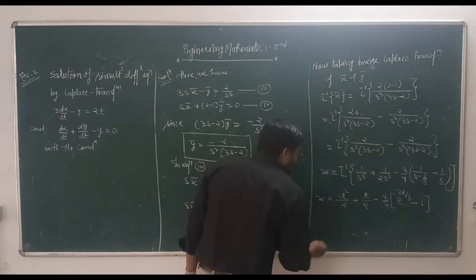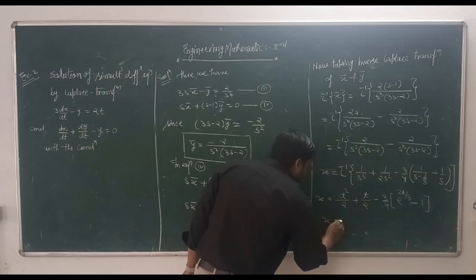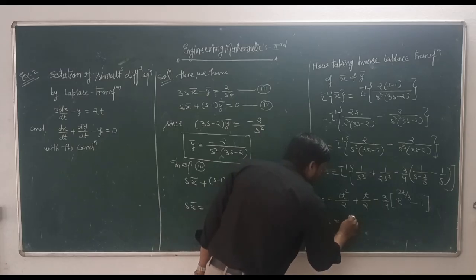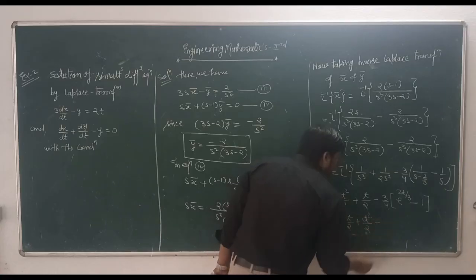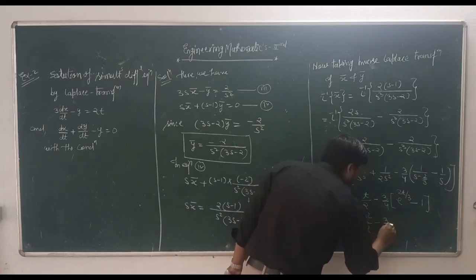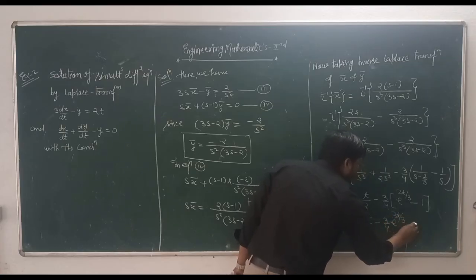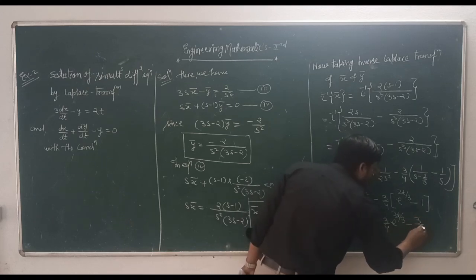Now you can write x is equal to t by 2 plus t square by 2 minus 3 by 4 e to the power 2t by 3 minus 3 by 4.